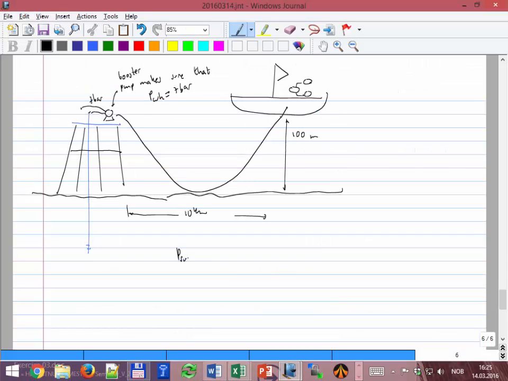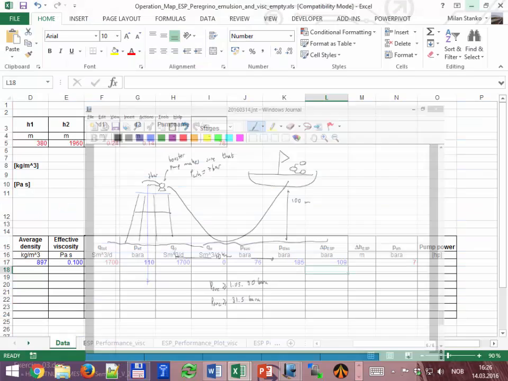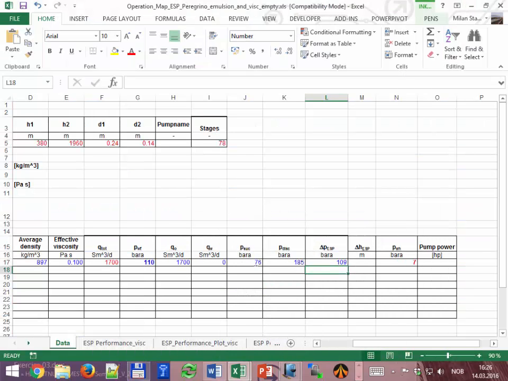Pressure at the suction has to be 1.05 times 30 bar, and how much is that? 31.5. Okay, so far that fulfills that condition.